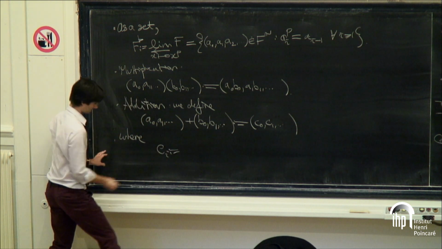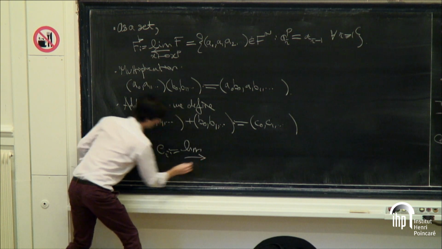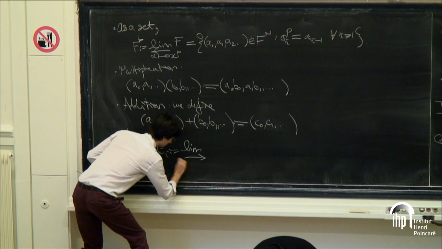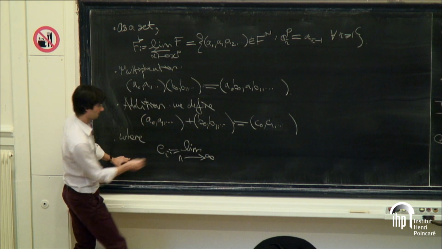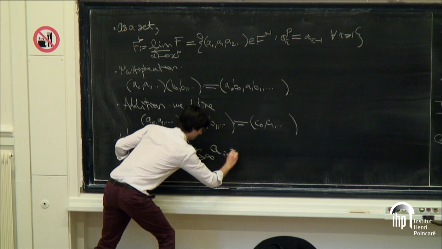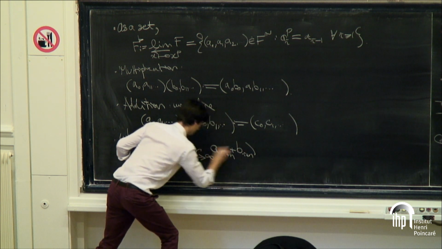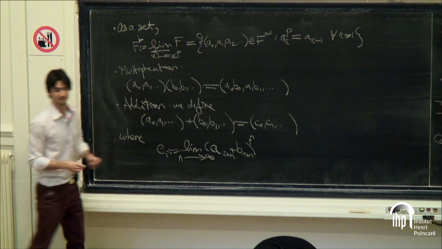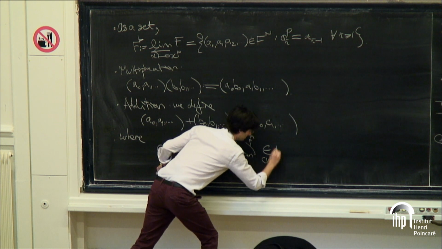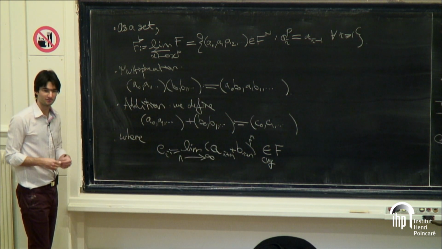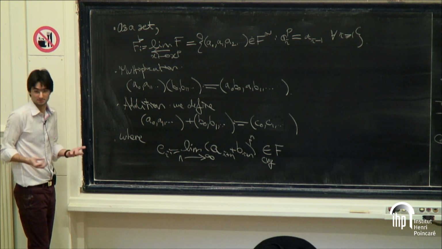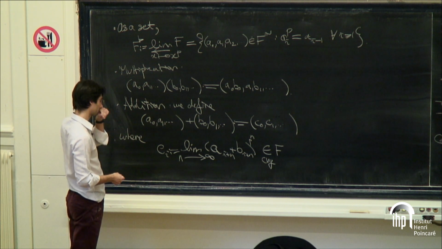So the ith term in this sequence, I take the topological limit inside our complete valued field, as n goes to infinity, of (a_(i+n) + b_(i+n)) to the p to the n. So you have to check that this does indeed converge to some element in F. And here, if I weakened F to only being Henselian, well, there you'd already start to have some problems because now we're really using completeness in an essential way.